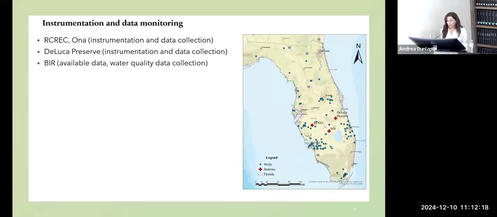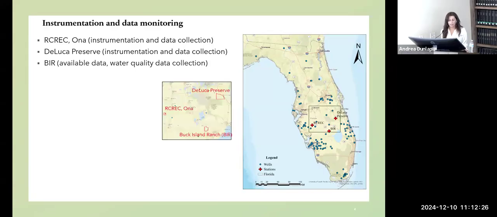Those three red symbols that you see there are the locations of our research centers: the Range Cattle Research and Education Center here at ONA, the Lupa Preserve, and Buck Island Ranch.